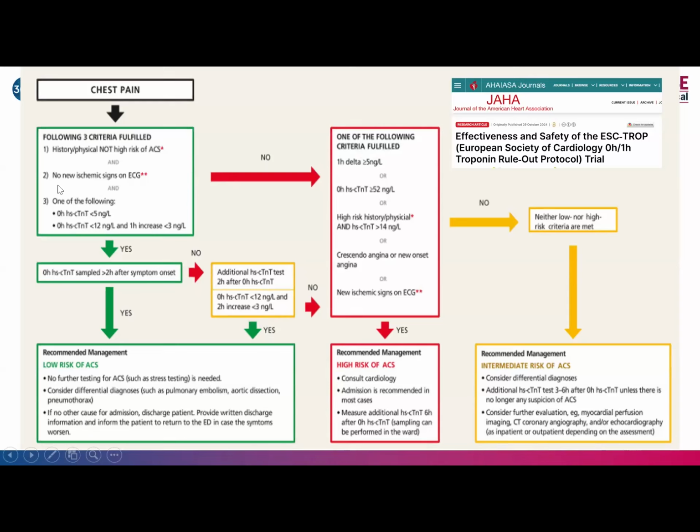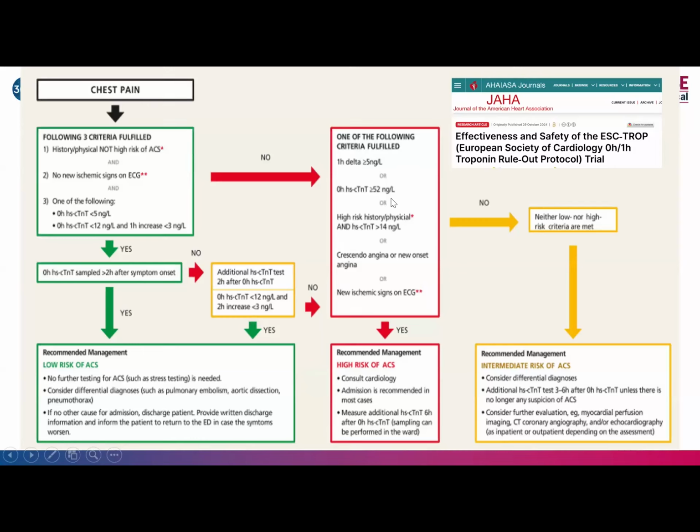However, if these are not ruled out and the patient has the symptoms and the ECG signs as well as the troponin levels, when the troponin level is more than 52, or there is a high risk history and physical examination with a high sensitivity troponin level of more than 14.